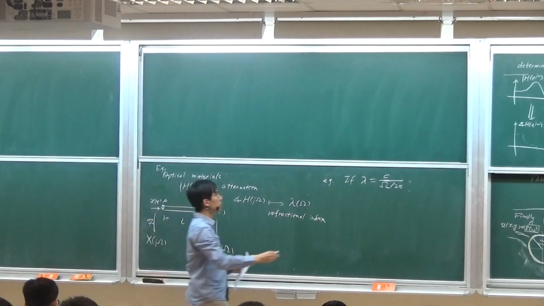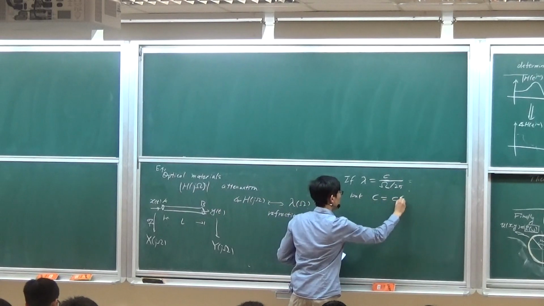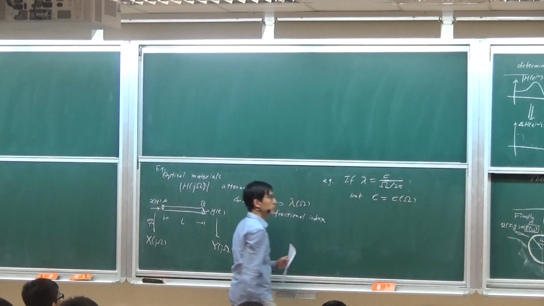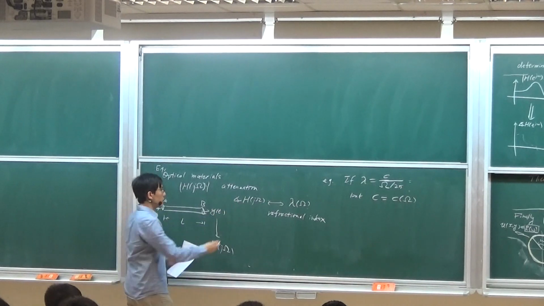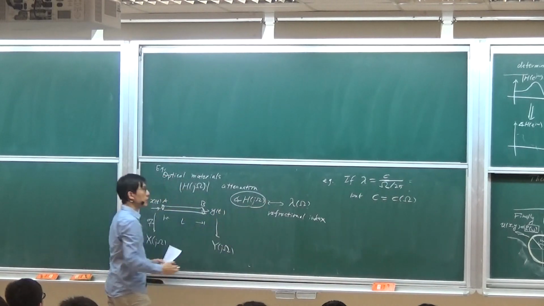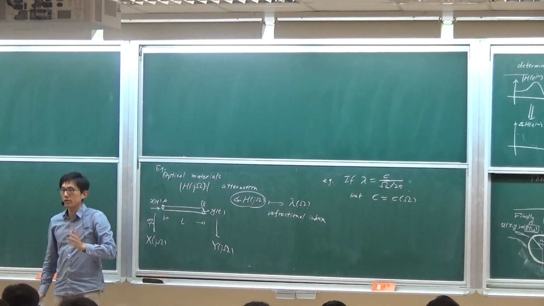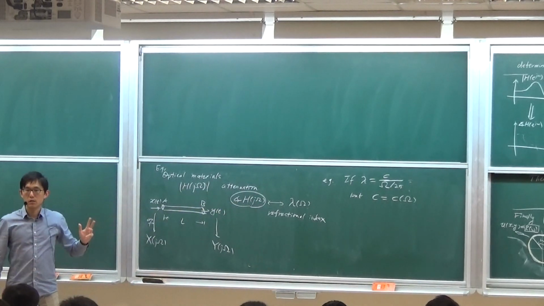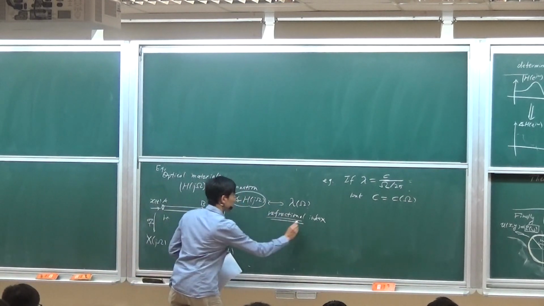But if C is a function of frequency, then essentially I'm trying to point out that this phase response has something to do with the speed of travel. Okay? So it has something to do with the refractional index.